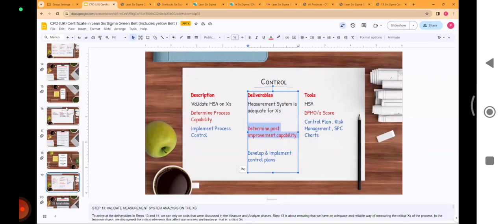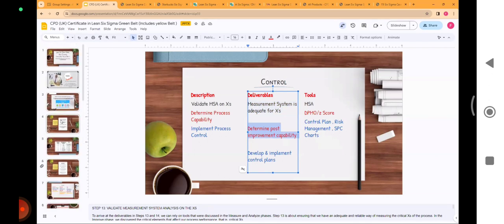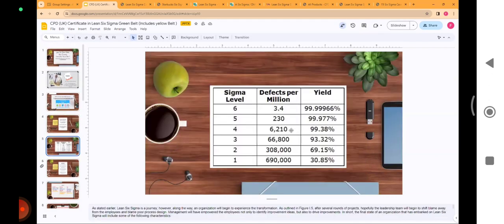After implementing those improvement ideas, the number was reduced from 267 to 23. That means the Z-score now was at 3.4. So 3.4 Z-score, that is almost 95%, as you can see right here.